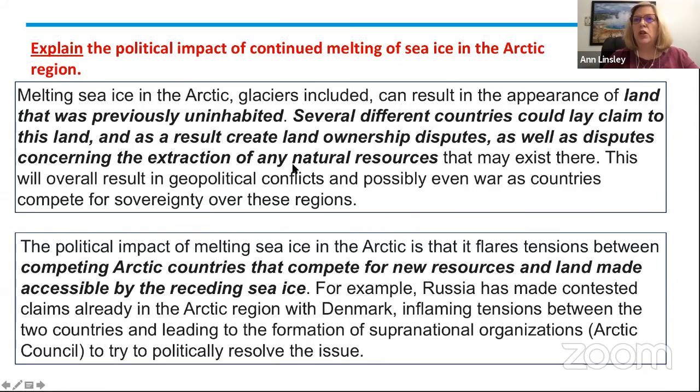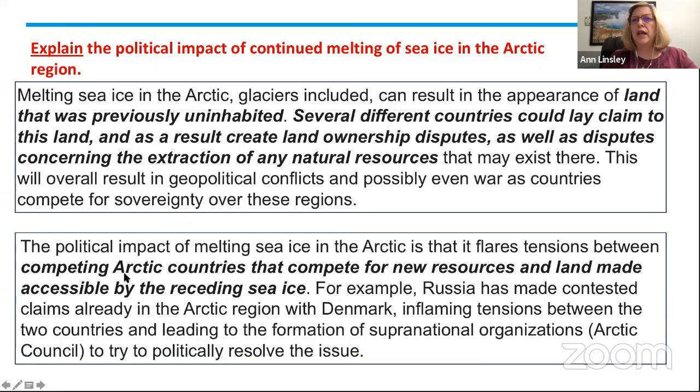And then the student closes the answer by continuing to say, overall results in geopolitical conflicts and possibly even war as countries compete for sovereignty over these regions. So they are addressing completely what is happening, the consequences as a result of it, and what may happen coming out of that. Excellent answer.